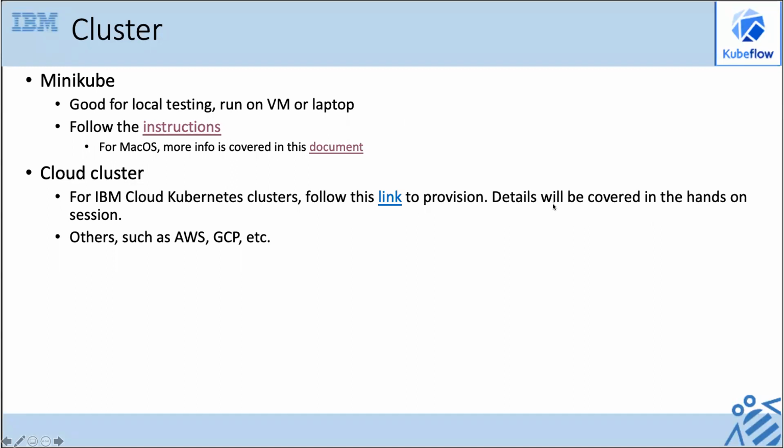And we will have all the details about how to do that and how you're going to use that IKS. IKS stands for IBM Kubernetes Service. Using the IKS cluster to deploy Kubeflow and run a test on it. There are also other cloud providers like AWS, GCP, and so on, and you can use those too.